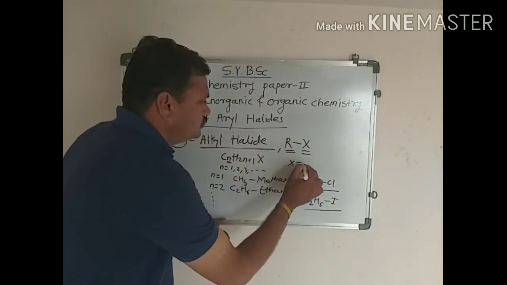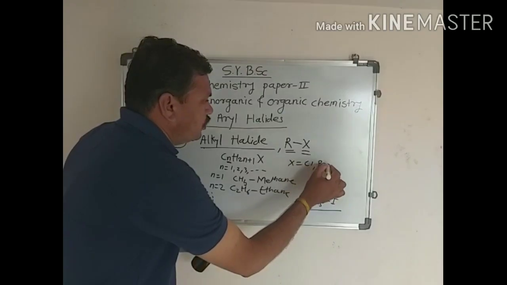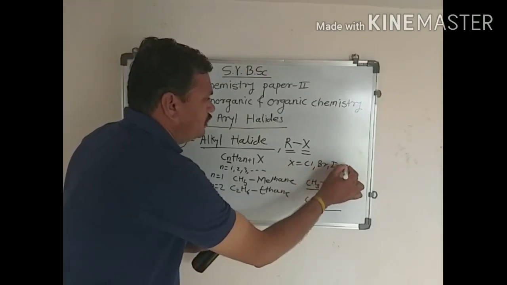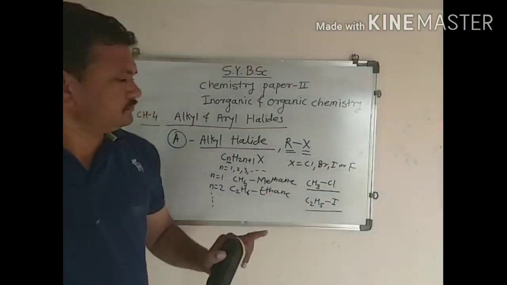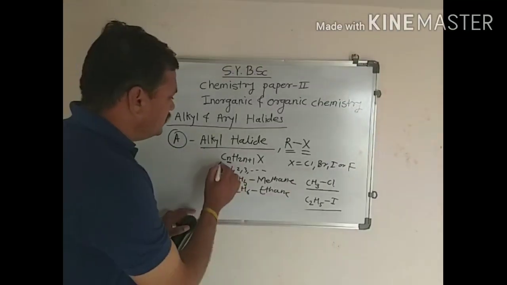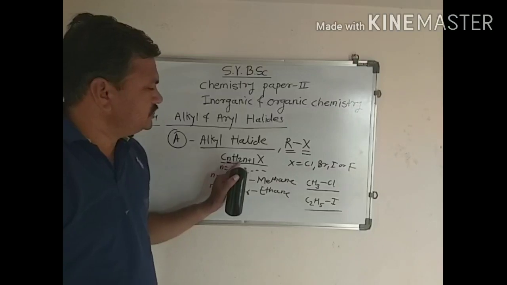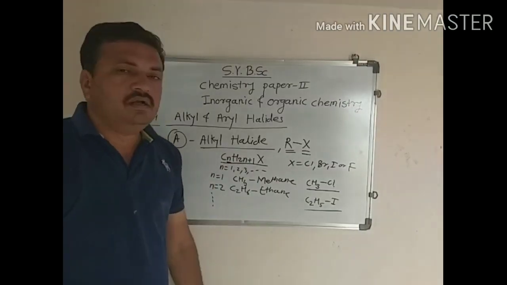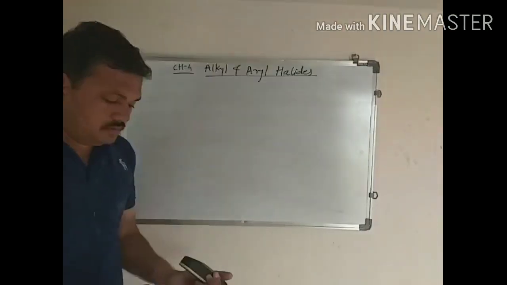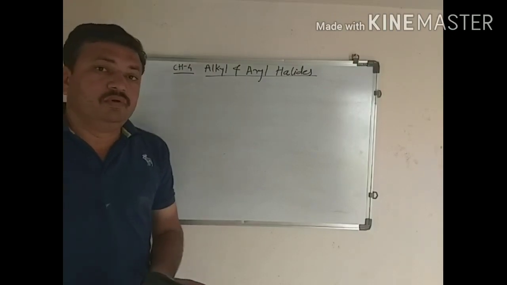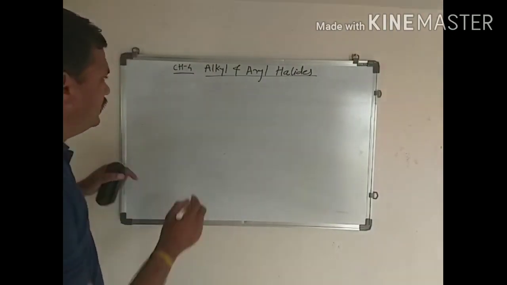X is equal to chlorine, bromine, iodine or fluorine. And these alkyl halides have the general formula CnH2n+1X.